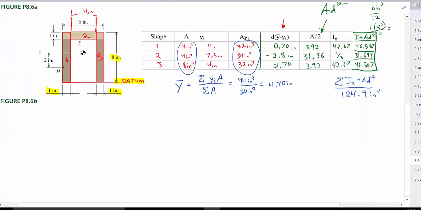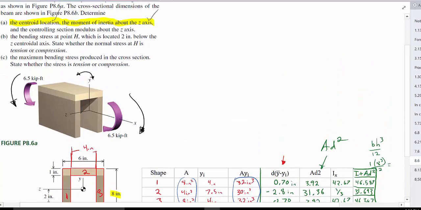Let me put a note: our y bar equals 4.70 inches, and our I sub z equals 124.9 inches to the 4th. The next thing they're asking for is our section modulus about the z-axis.